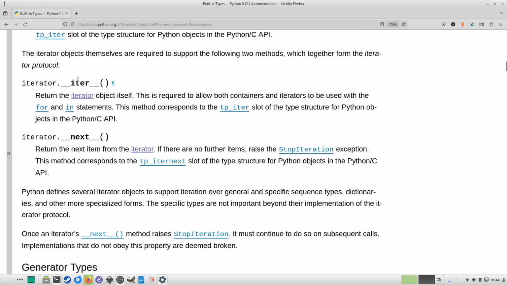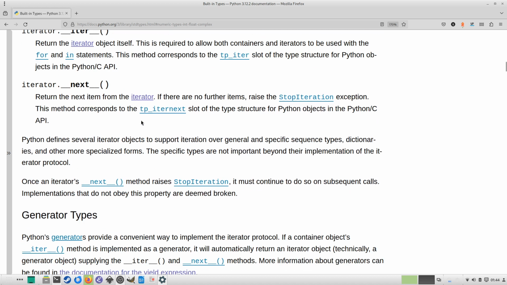Those two functions are __iter__ and __next__. The __iter__ function returns the iterator object itself. This is required to allow both containers and iterators to be used with the for and in statements. This method corresponds to the tp_iter slot of the type structure for Python objects in the Python/C API.